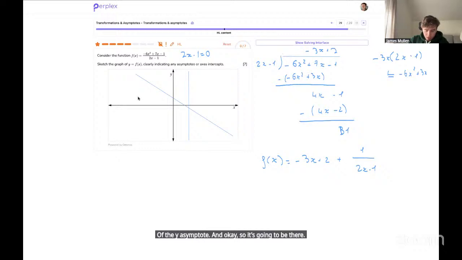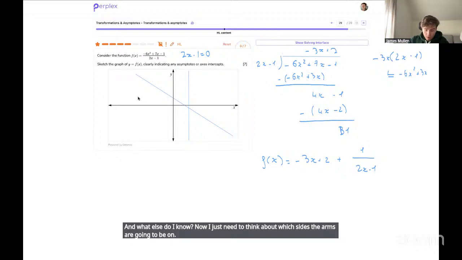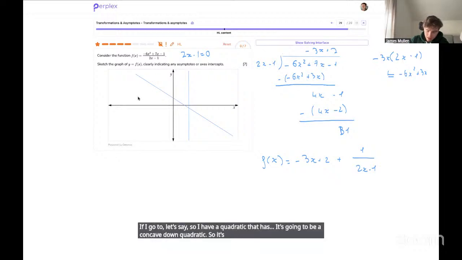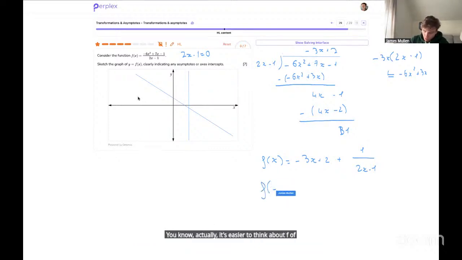And what else do I know? Now I just need to think about which side the arms are going to be on. So I have a quadratic that's going to be a concave down quadratic. I don't know exactly where. You know what? Actually, it's easier to think about f of minus 1.